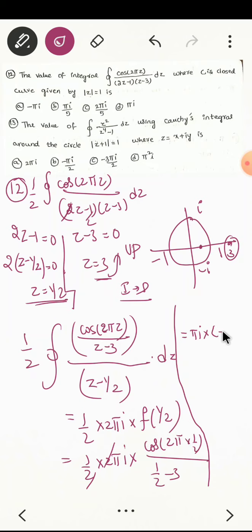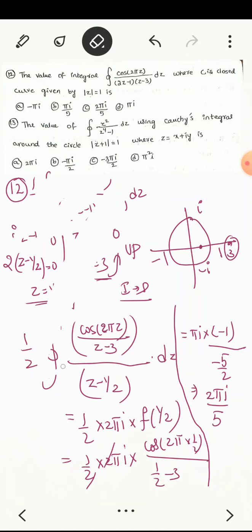Cos pi is minus 1 divided by 1 minus 6 by 2, so minus 5 by 2. Then the minus cancels, the entire thing will be 2 pi i by 5. Option C is correct.